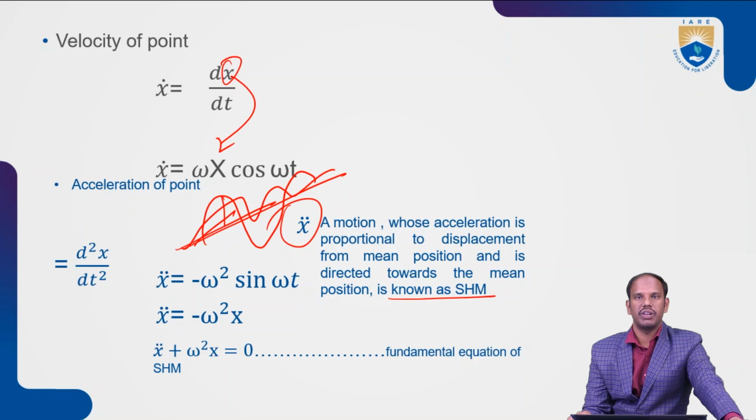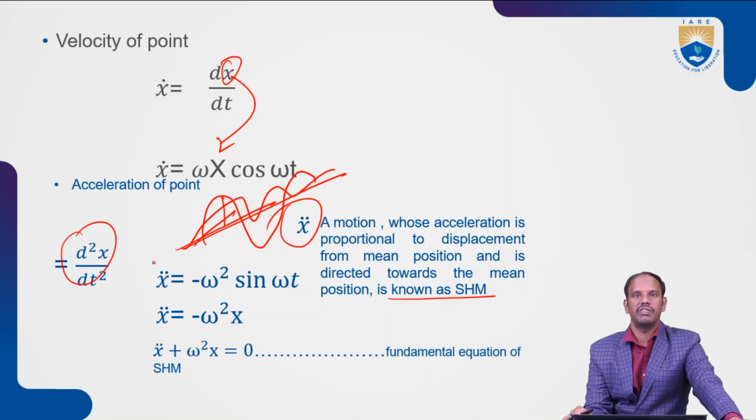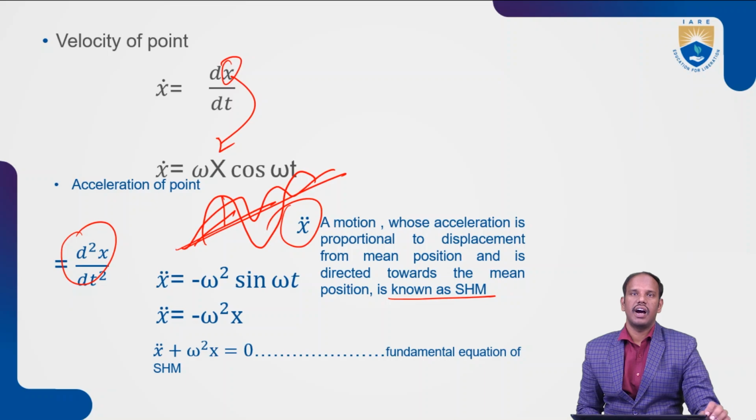So simple harmonic motion is taken as x double dot, the differentiation of velocity, which gives acceleration. We already have d by dt of x equals velocity. Differentiating it again gives d squared by dt squared of x, the double dot, of minus omega n squared.